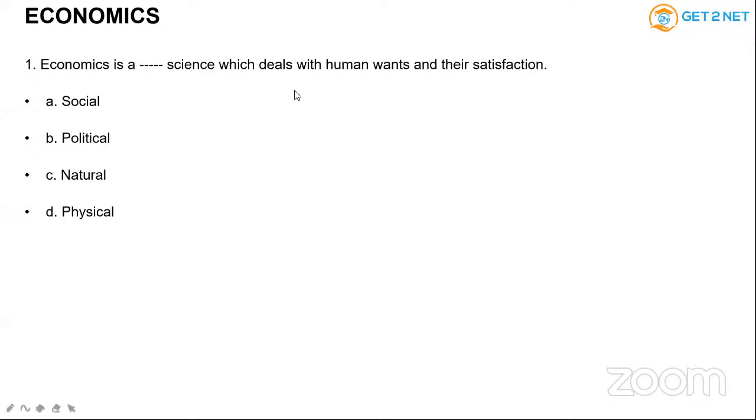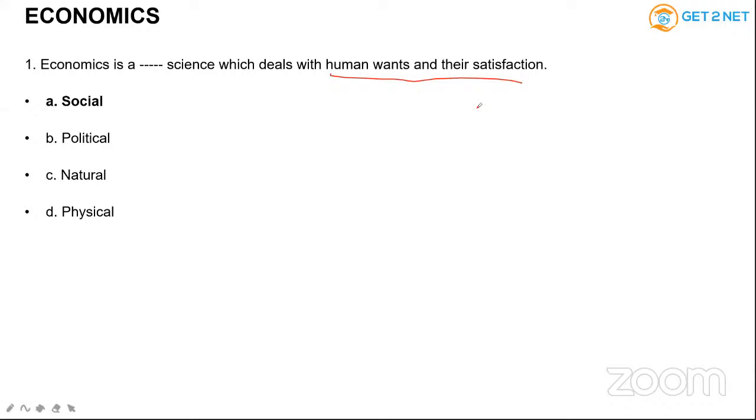Fine. The answer is social. Economics is a social science. The key point here is that it deals with human satisfaction and human wants, so obviously it is a social factor. Clear all of you?